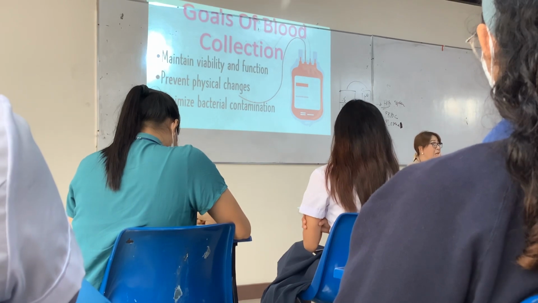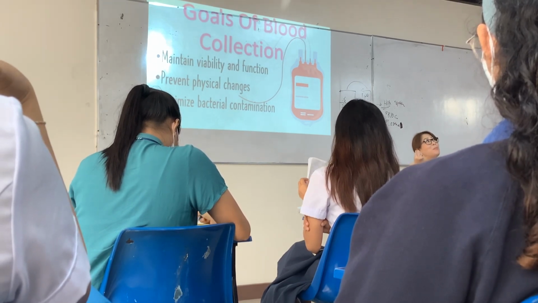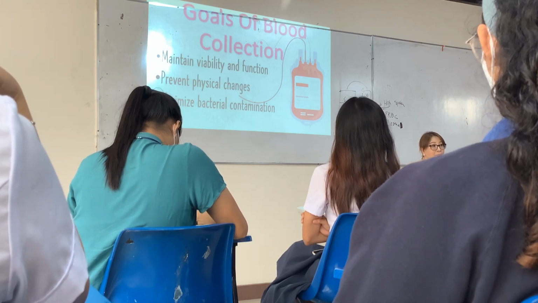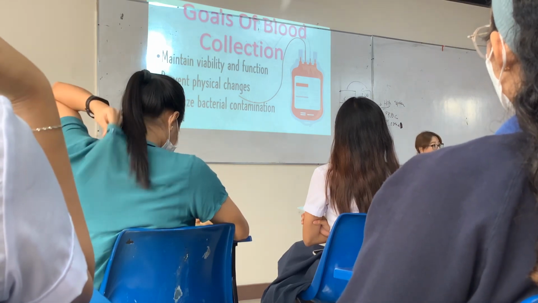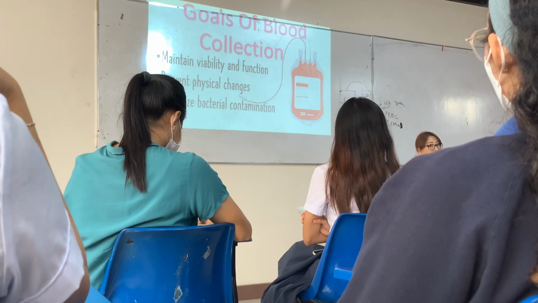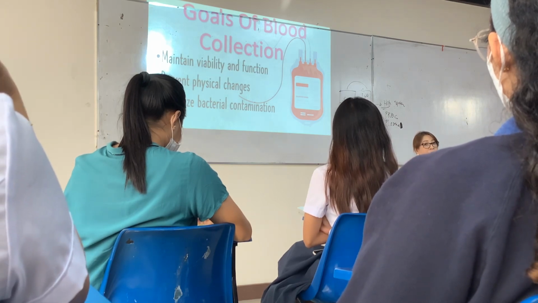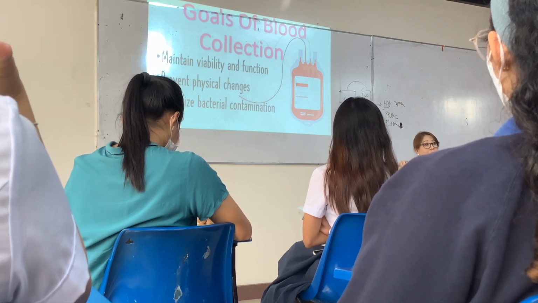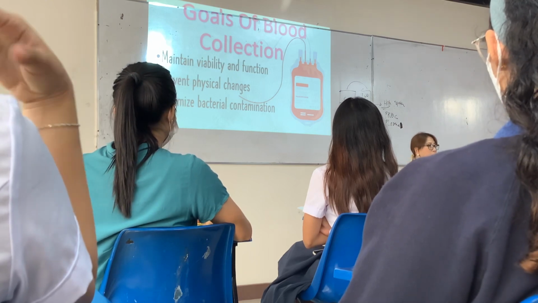Place the blood in the blood bag or add anticoagulant and additive solution in the blood bag. Okay? Before we are going to collect the blood. Nakuha? Okay, so addition of anticoagulant and additive solution will actually help in preventing further damage or physical changes, biochemical changes sa ating. Naintindihan?